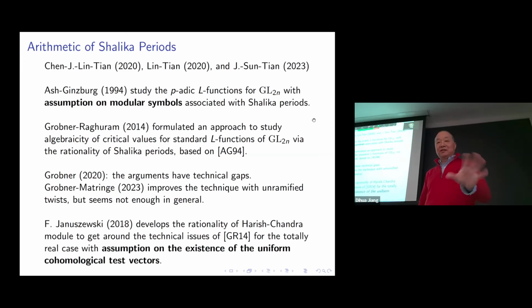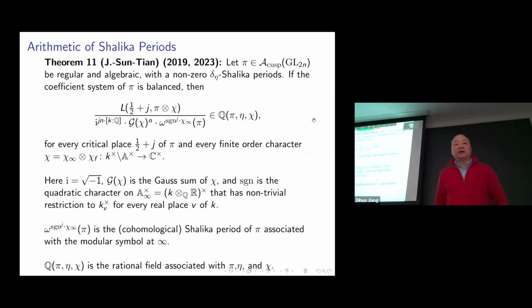Of course, you have periods attached to motives. So this is the theorem. We wrote up the proof in 2019, and then the pandemic delayed things and we revised. The first version was on arXiv in 2019, and now recently we have a final revision of that.